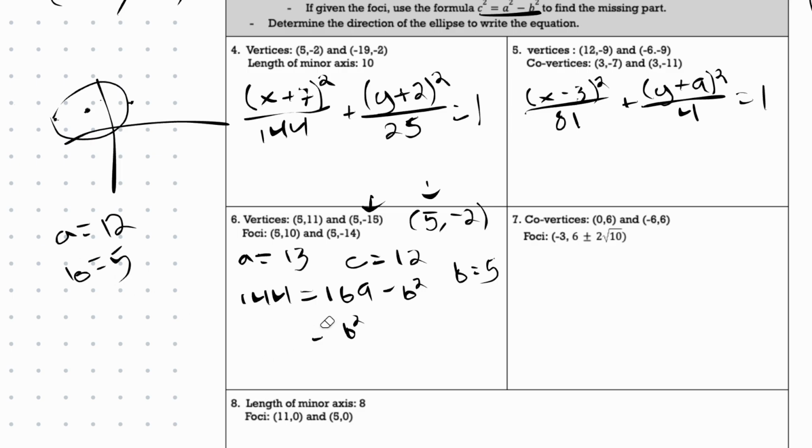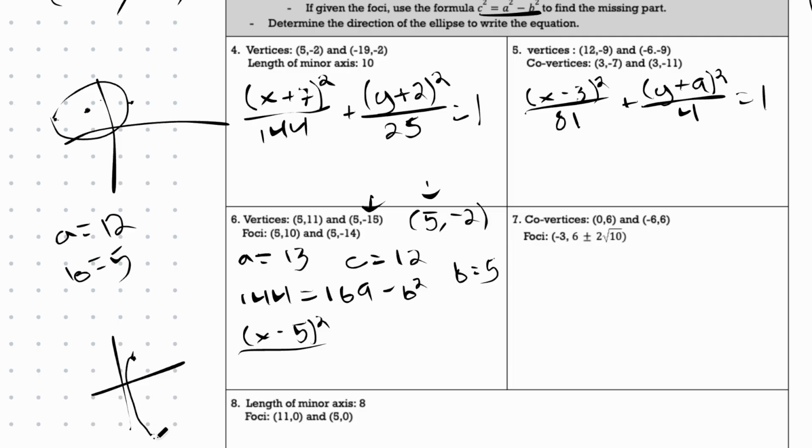And so from here, we can just write our equation. x minus 5 squared over... Now here's where we have the same x value for both of our vertices, 5, and our vertices are negative 15 and 11. Basically, when we visualize this, since we have the same x value, this line is going to be our major axis.